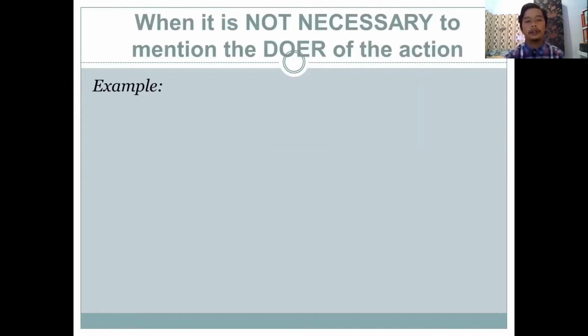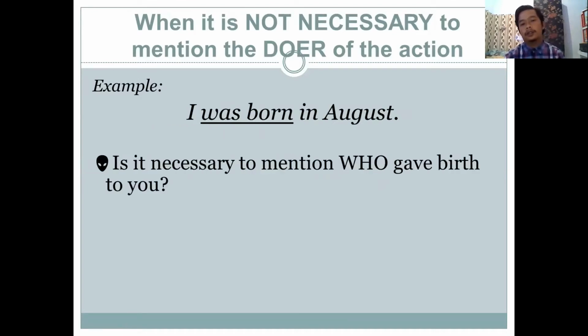Okay. When it is not necessary to mention the doer of the action. I was born in August. Okay, and it is not necessary to mention who gave birth to you. Jadi was born menyatakan siapa yang memberikan penjelasan born, kalimat born di sini.